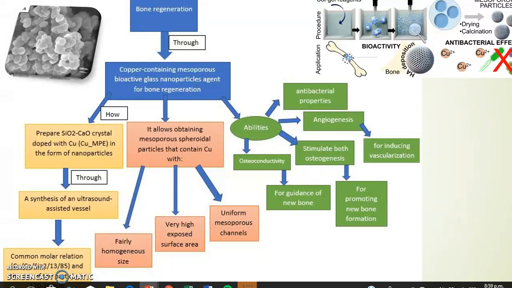One possibility is 2% of copper, 13% calcium and 85% of silicon, and particles are obtained with a dimension between 170 and 200 nanometers.